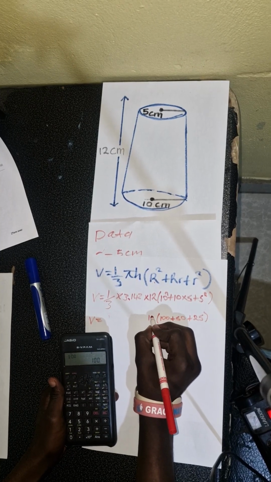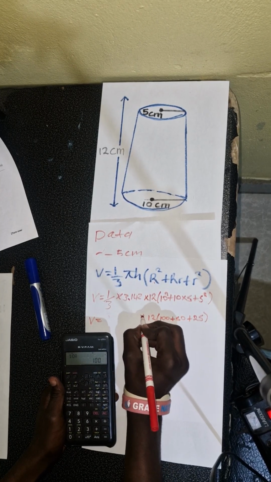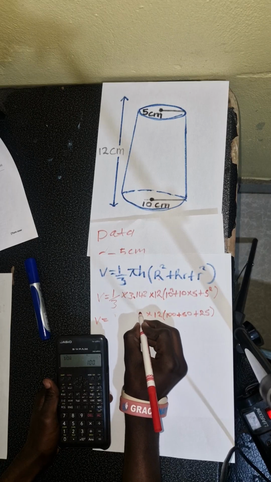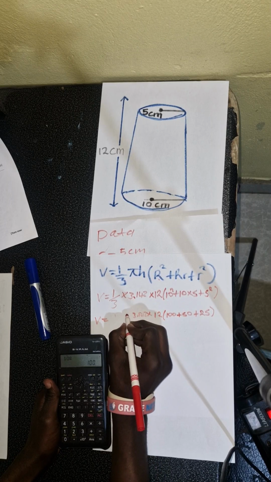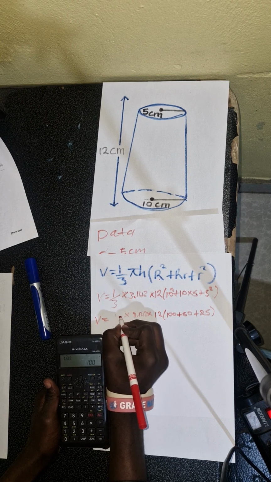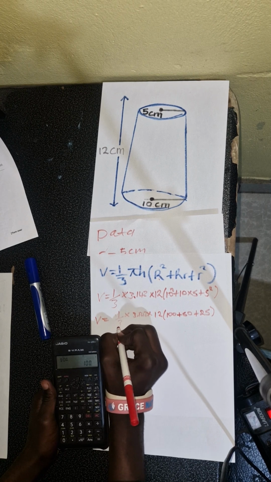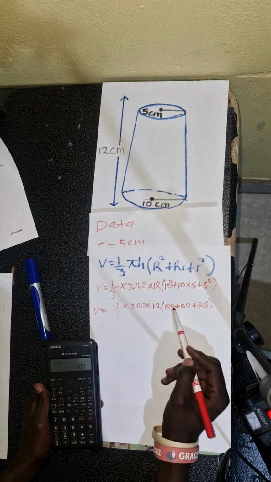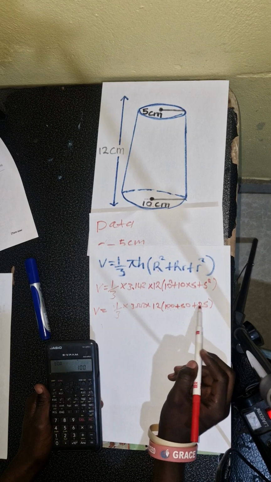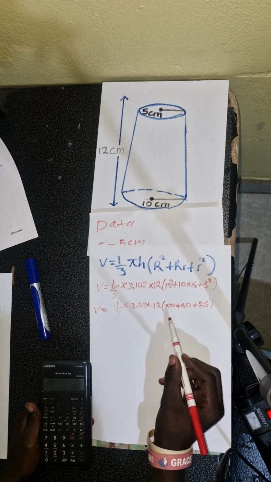This will be 12 times 3.142 times our formula here, which is 1 over 3. Now let me add everything in the brackets. When I add everything here, it gives me 175.